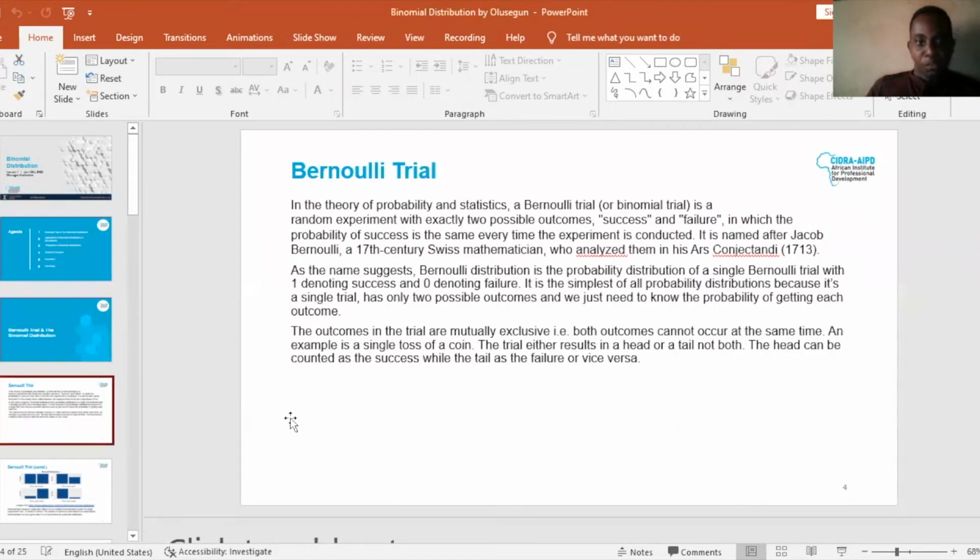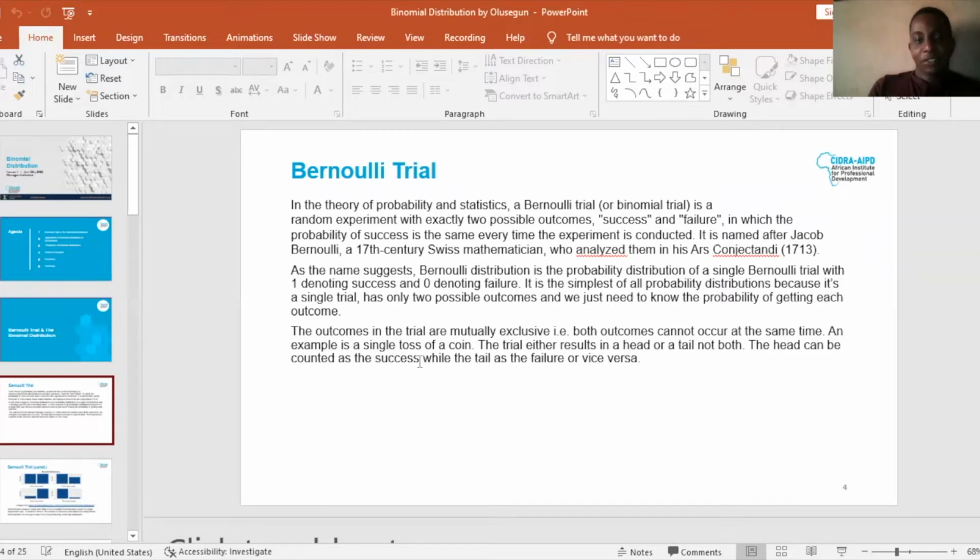In the theory of probability and statistics, a Bernoulli trial, which people also call the binomial trial, is a random experiment with exactly two possible outcomes, success and failure. It is an experiment with only two possible outcomes, not three, not four, not five, only two, success or failure, in which the probability of success is the same every time the experiment is conducted.